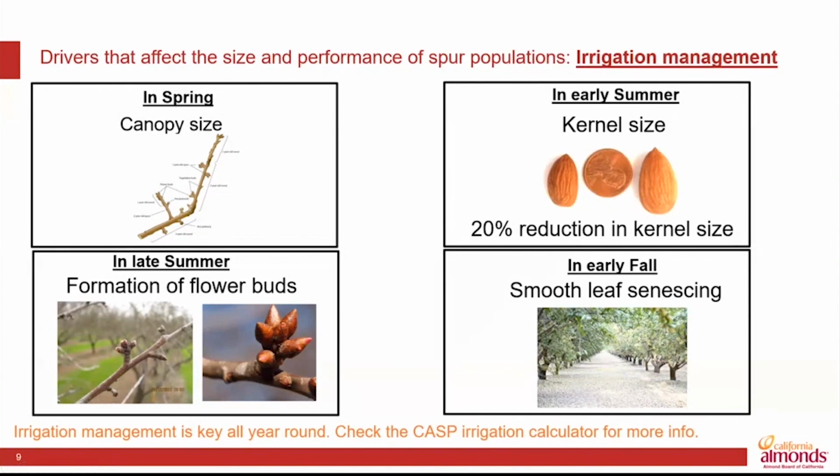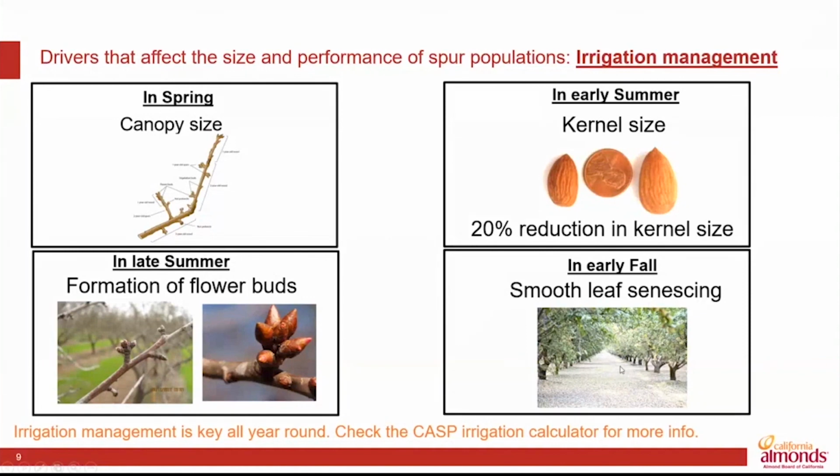There are yellow leaves, there are green leaves, and most importantly, the trees don't look like they have no leaf at all after harvest. That's what, when I see it, I get a little bit worried about, because so many times, I understand there are a lot of things going on during harvest, and the ability to put water back on and the ability to promote this smooth leaf senescing is restricted.